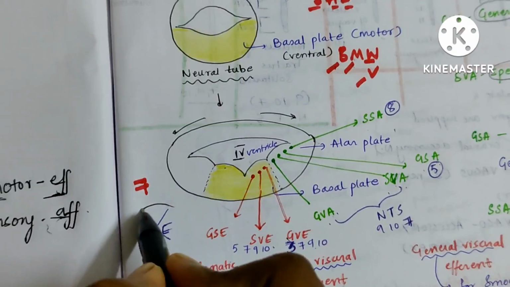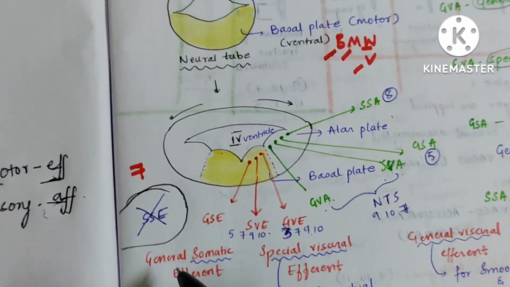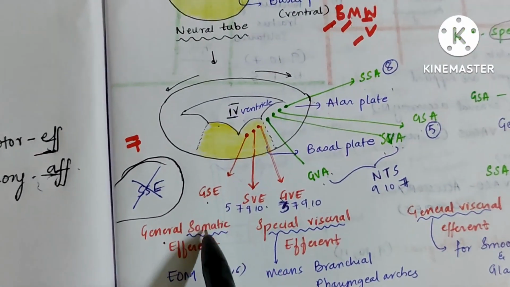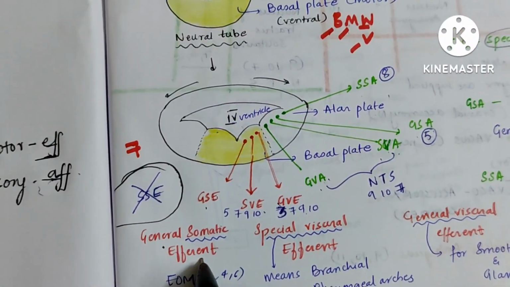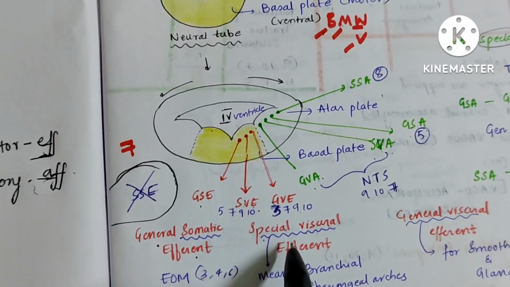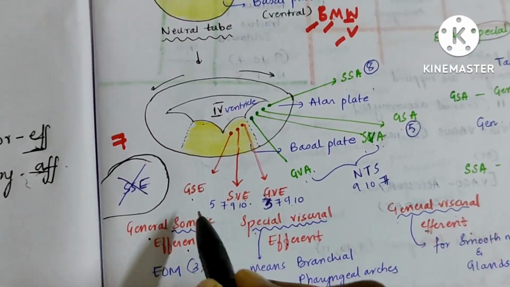So now there are 7 columns. You need to remember that one column is not there, that is SSE, special somatic efferent. GSE is general somatic efferent. SVE is special visceral efferent because it is located ventrally, and GVE is general visceral efferent.